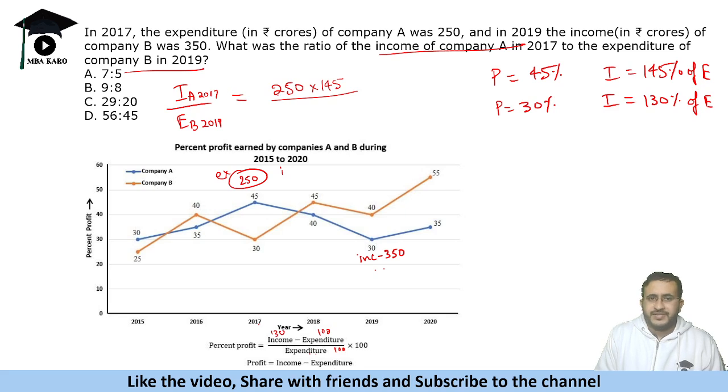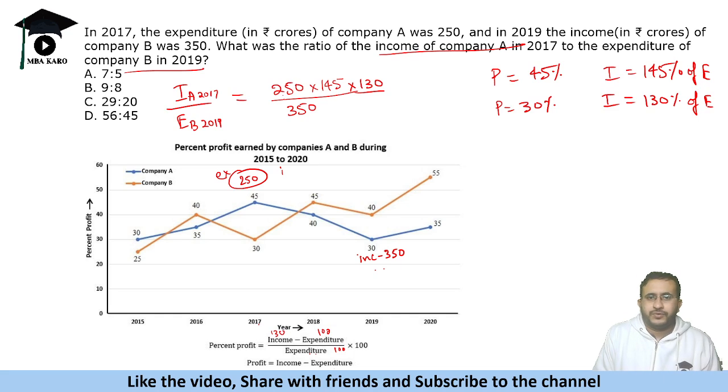This is the expenditure, income we can find out. For B, this income is 350, expenditure will be upon 130, because income is more than expenditure. So divide by 130, basically 1.3, so we can take it like this, right?